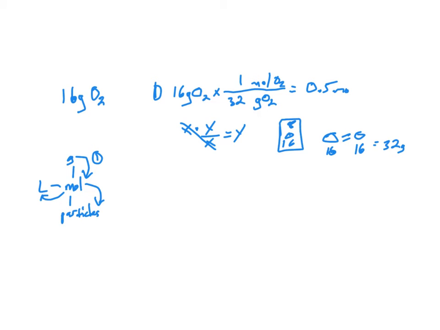Okay, now step 2, I'm going to use that to convert to particles. I want to know how many particles of O2 that would be. So now I can start with this number right here as my starting point. So 0.5 moles of O2. Set up my conversion factor. This time I want moles of O2 on bottom. And O2 is a molecule, so I'm converting that to molecules of O2.